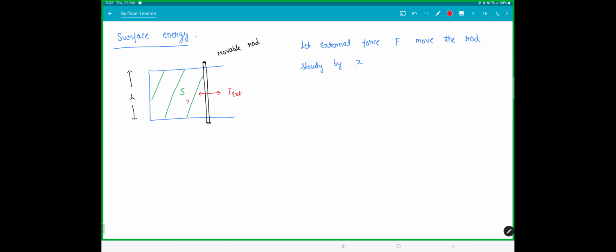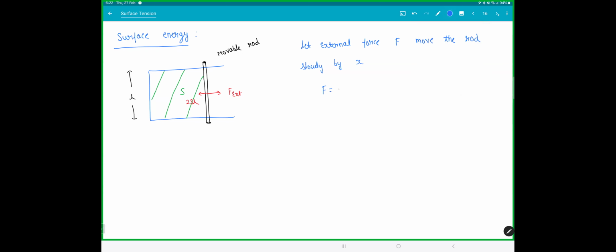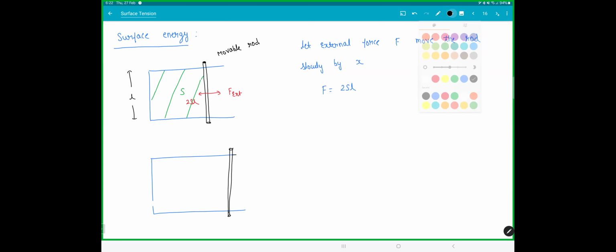So there is a force here, 2 into SL. So this force F will be 2SL. So this much force you need to apply to pull this thing. After some time, when you pull it by X, the rod must have come somewhere till here. The soap film is also increased.